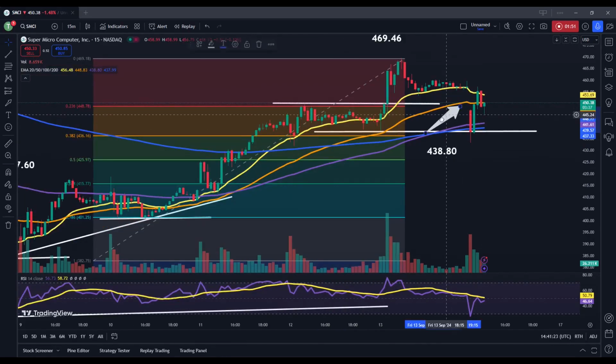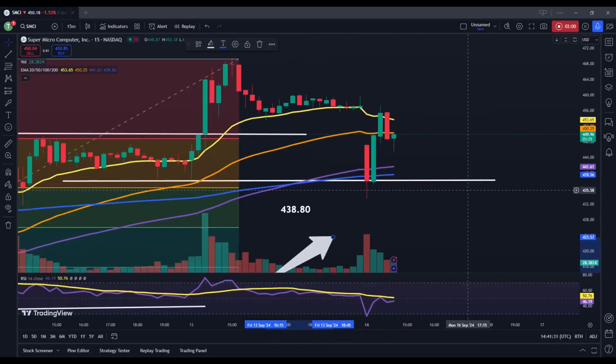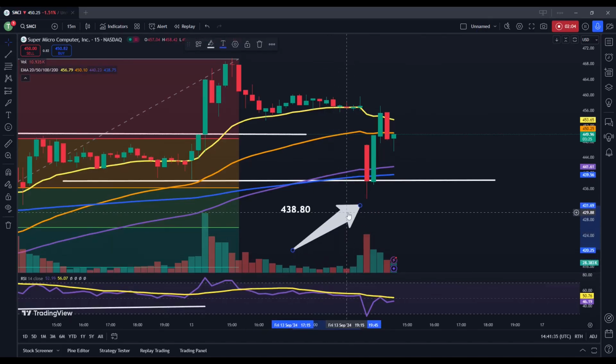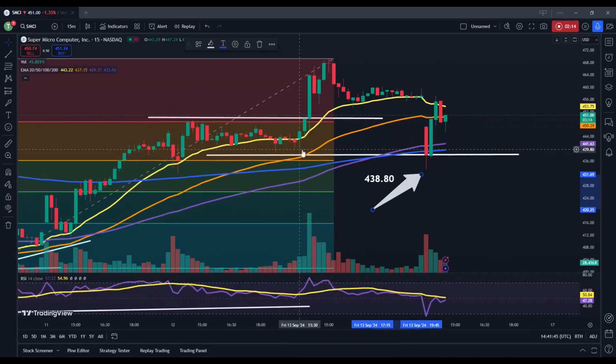But one factor that does need to be considered is this break below this prior support zone. This is important for a few different reasons. We did see a spike movement in this direction, but we really didn't see a closing basis here on the 15-minute basis, and we certainly didn't see it on the hourly time frame, which would be more important. But we did see a spike through this prior support zone coming in right around the September 13 trading session.